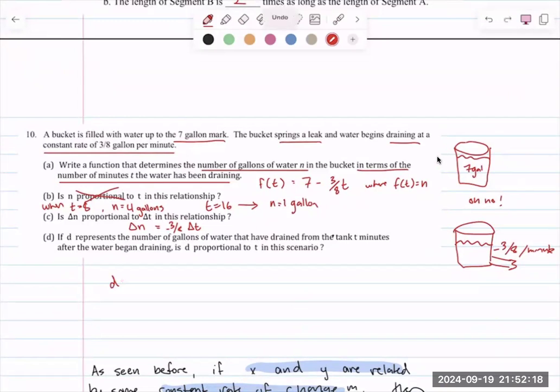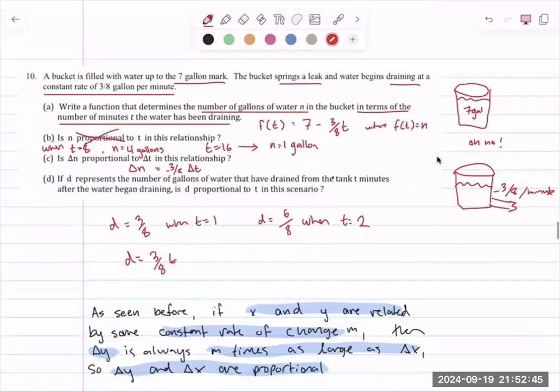So I know that D equals, not 4, excuse me, D equals 3/8 after 1 minute, right? When t equals 1, 3/8 of a gallon is drained after 1 minute. And I know that D equals 6/8 when t equals 2, right? Well, D is just equal to 3/8 times t, right?